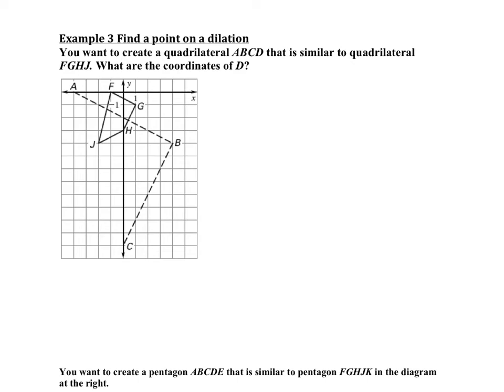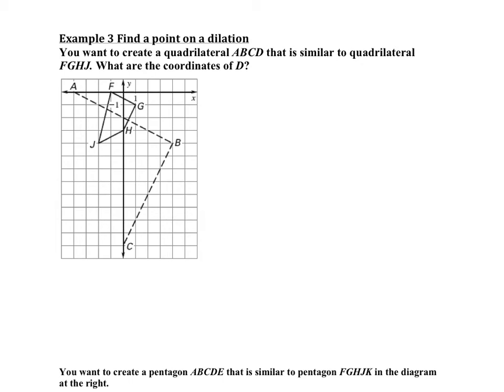So we're going to find points of dilation. We want to create a quadrilateral ABCD that is similar to a quadrilateral FGHJ. What are the coordinates of D?